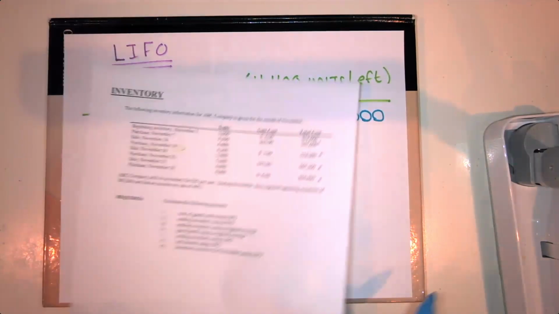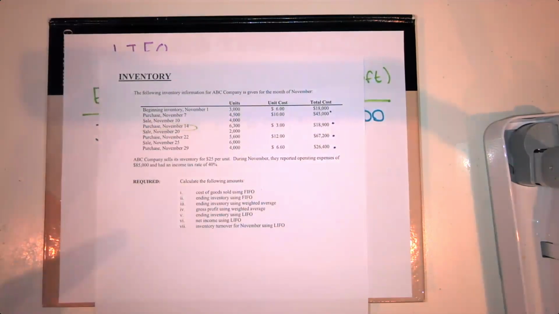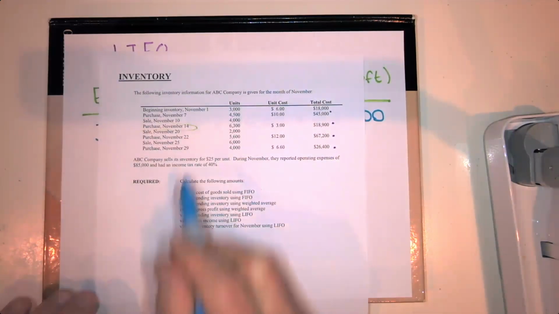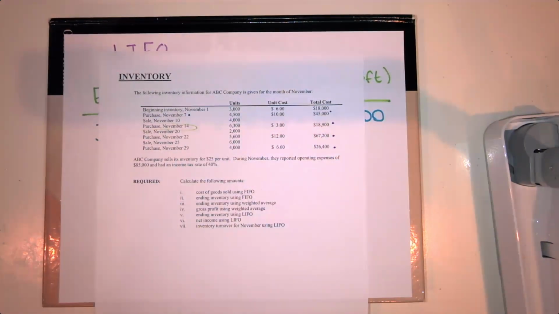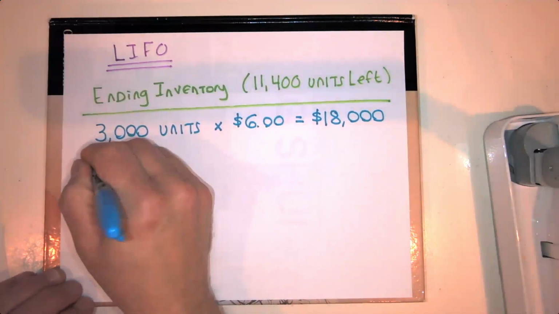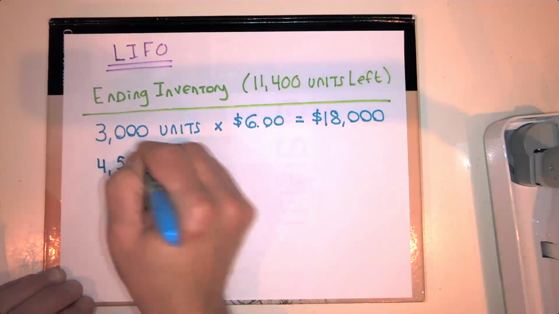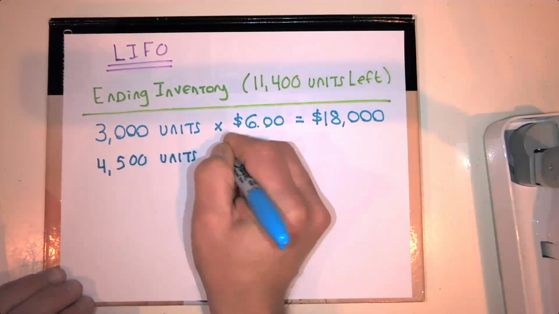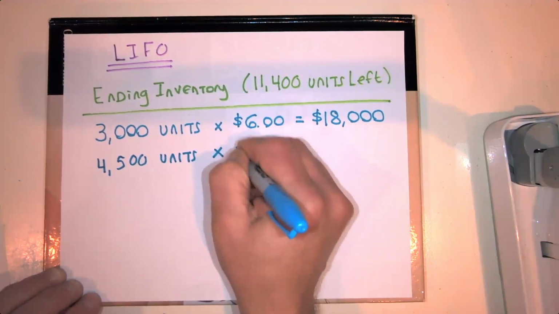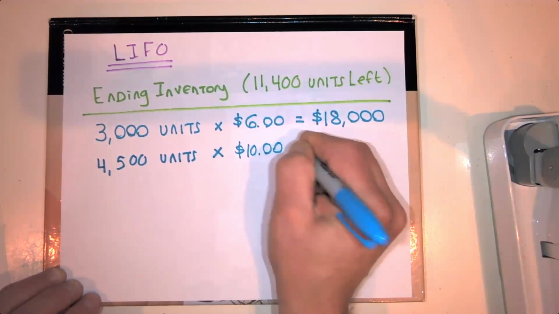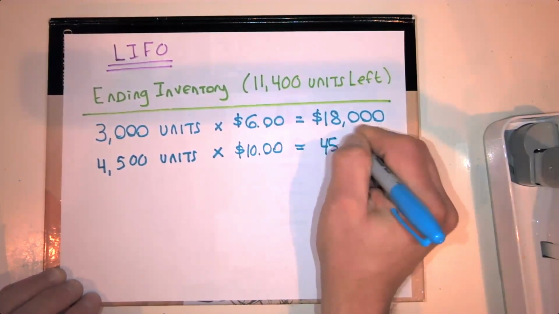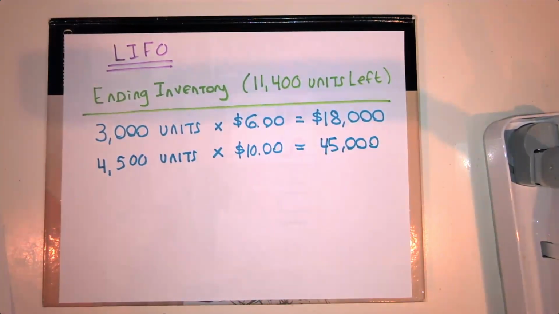I then go to the next oldest inventory, and that would be the purchase on November 7th. Take those 4,500 units, each costing $10, and that's 45,000 assigned to ending inventory.